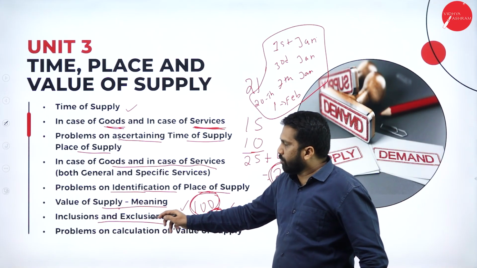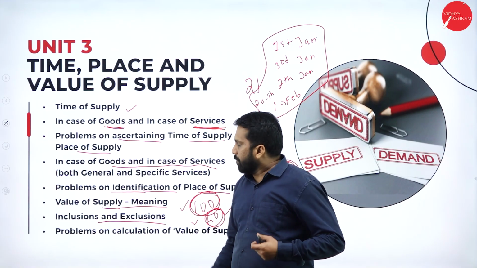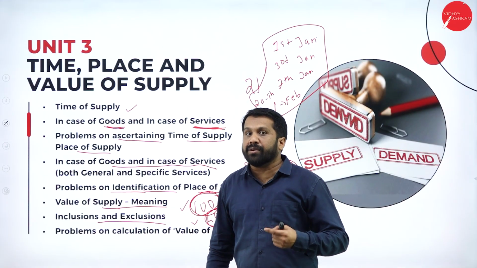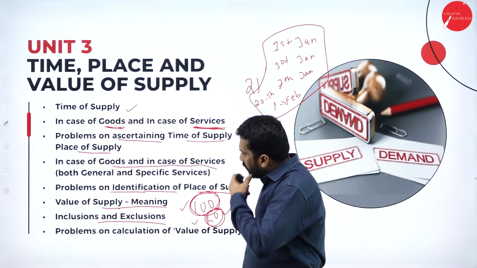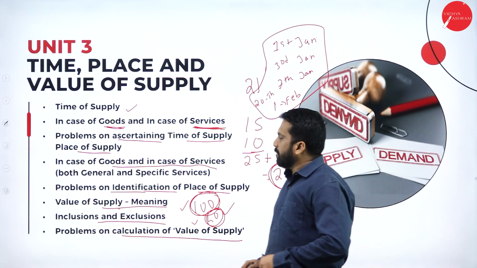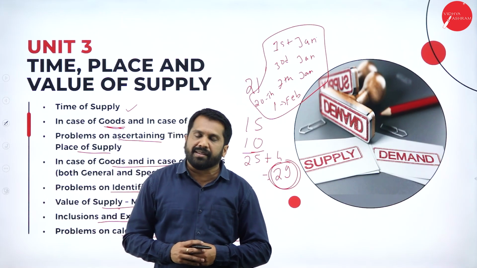Inclusion and exclusion, as I told you, while doing that particular problem, you should understand what has to be included, what has to be excluded. That is important. Next one, problems on calculation of value of supply. I'll do it while doing that particular lesson.